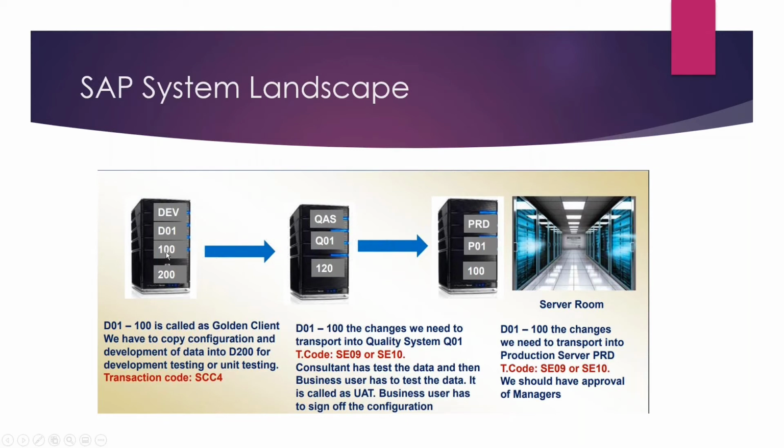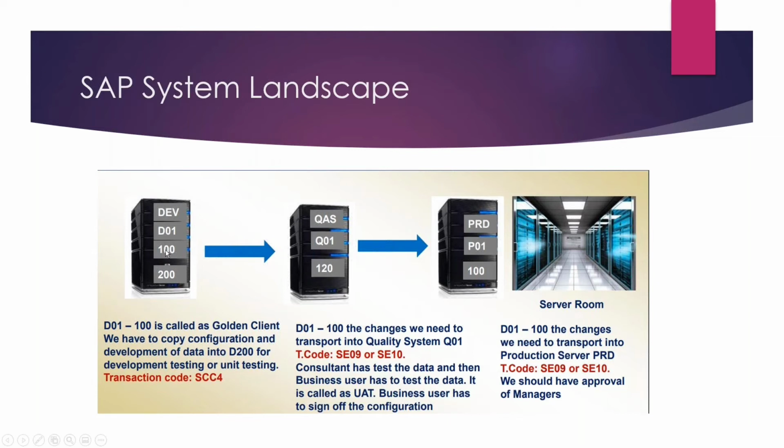Suppose client 100 is only for configuration. You will be doing configuration in 100, and before giving it to the quality system, you will do one round of testing by yourself in 200, to confirm that the changes you have done are working fine. So your project manager will ask you to configure in the 100 client, and don't do any testing here.